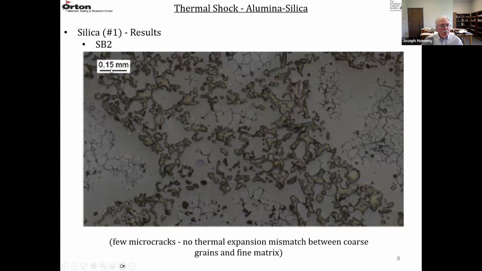So this bar is now 0.15 millimeters. So here's a coarser aggregate. Here's another coarser one, and then here's the matrix regions. And this lighter colored material is just the epoxy resin when they made the polish section. So again, they didn't see any microcracks, and you wouldn't expect any because the matrix and the coarser grains have the same thermal expansion.